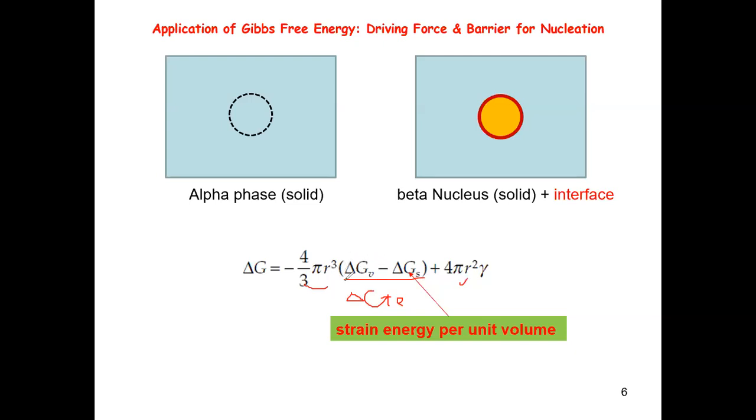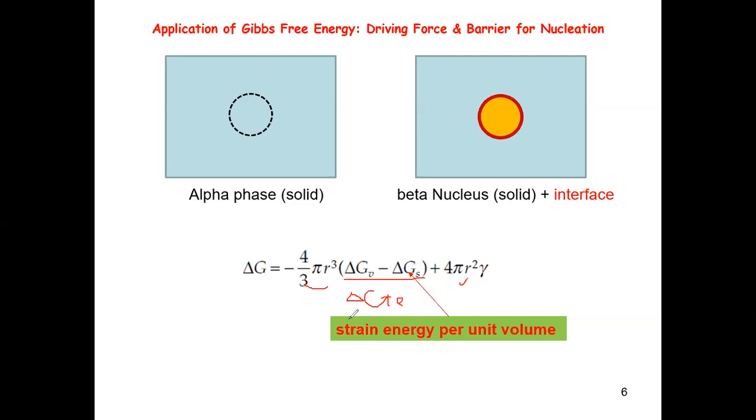One is the bulk free energy reduction, which is a driving force, but this driving force is diminished a little bit by the strain energy increase of the system. So altogether we can call this delta G effective. It's just a reduced driving force.